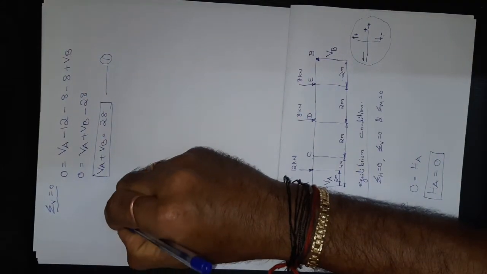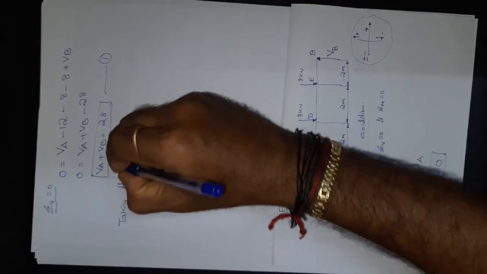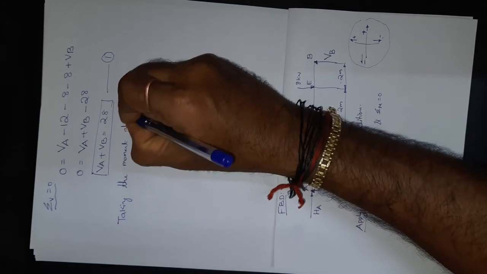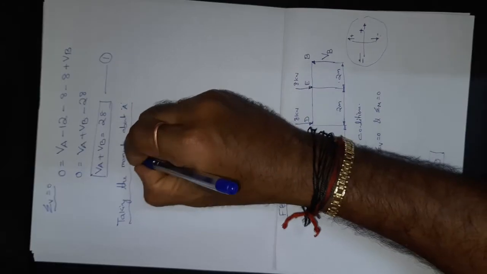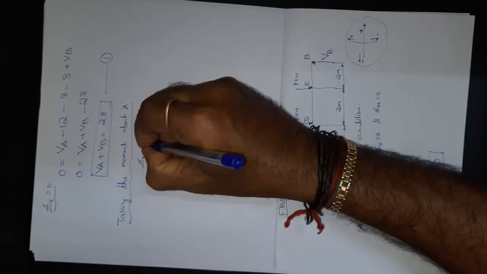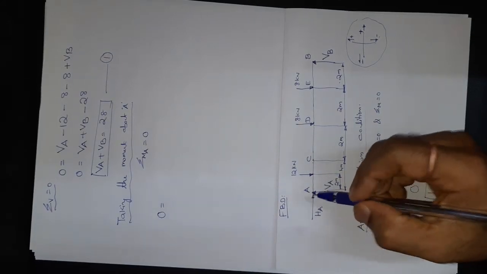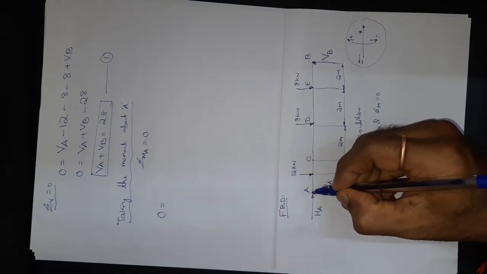So now I'm going to take the moment about the point A. As the equilibrium condition, summation MA equal to 0. So 0 equal to. As you all know, at the origin there won't be any distance, that is, there is no perpendicular distance.